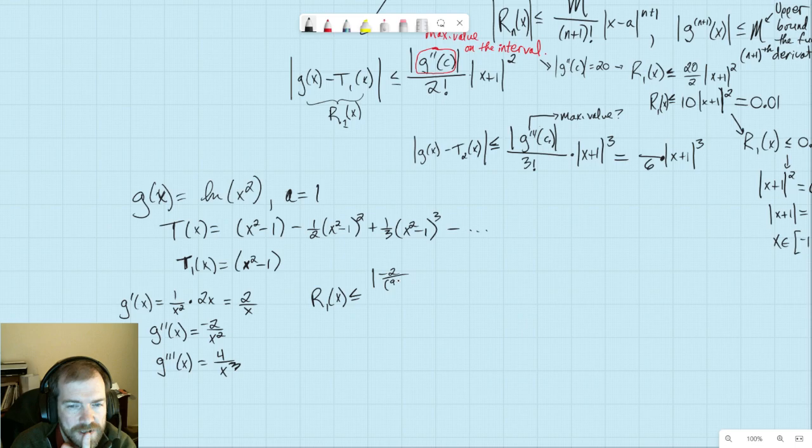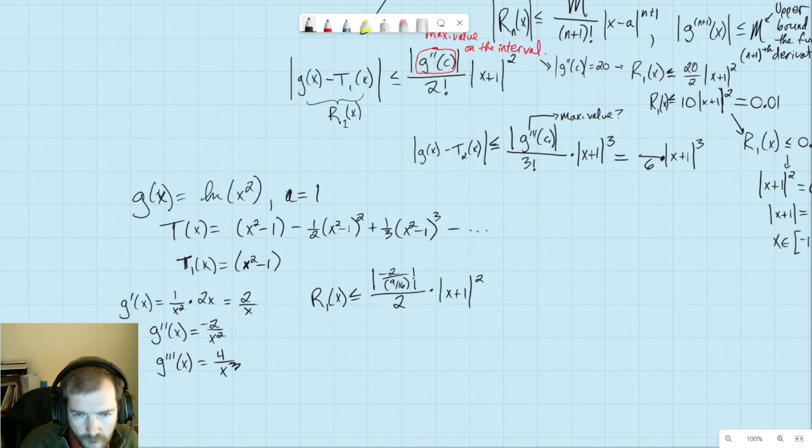So this is going to be 9/16. Because if we go any further than 1, wait, yeah, because this is going to be bigger than negative 2. Over 2 factorial is just 2 times x plus 1 squared. So then here we divide by 2 in both top and bottom. That's going to go away. So it's just going to be 16 over 9 multiplied by the absolute value of x plus 1, squared.